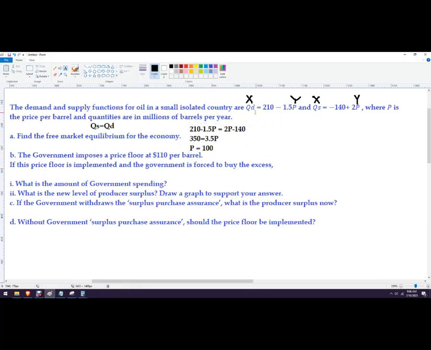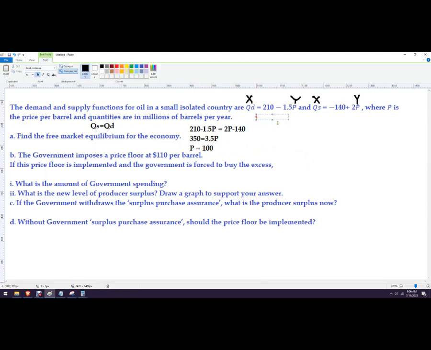Plug that into either one of these, and you'll get the equilibrium quantity. I'm going to plug them into both, just so we can prove that to you. 1.5 times 100. Okay, so that becomes 150, and 210 minus 150 is 60.